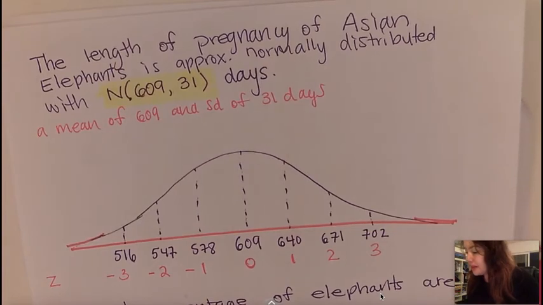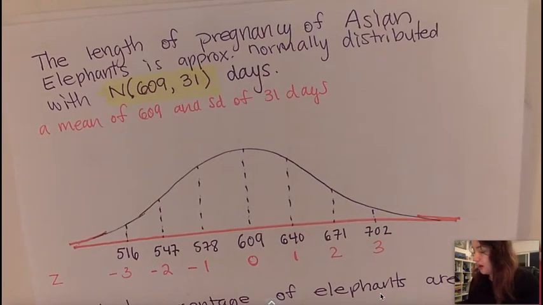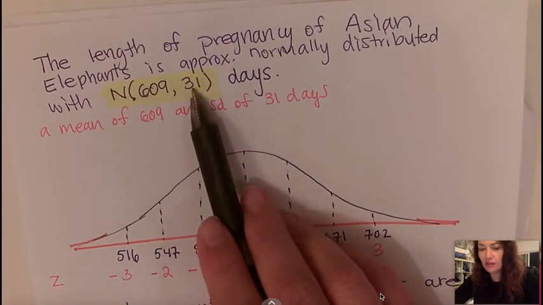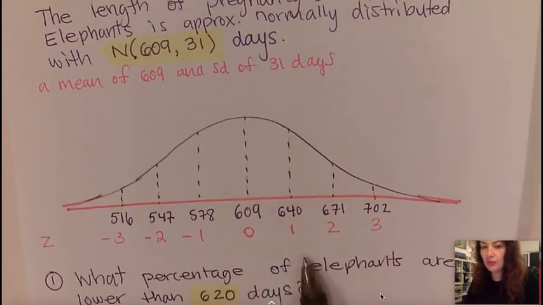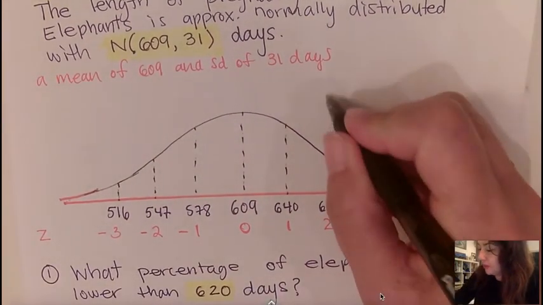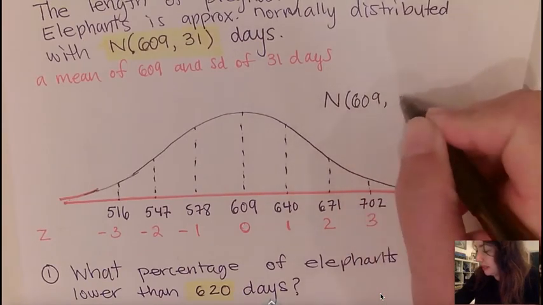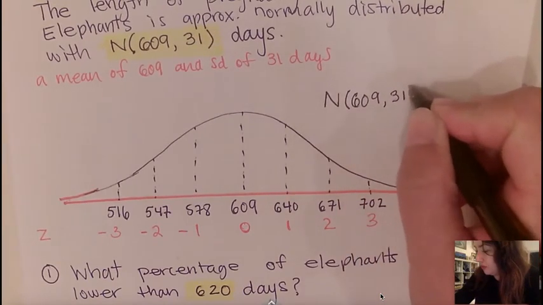The length of pregnancy of Asian elephants is approximately normally distributed with a mean of 609 days and standard deviation of 31 days. All right, so we're given a mean of 609 and a standard deviation of 31, and here is our normal model. So I can rewrite it here. We have a normal model of 609 days and a standard deviation of 31.